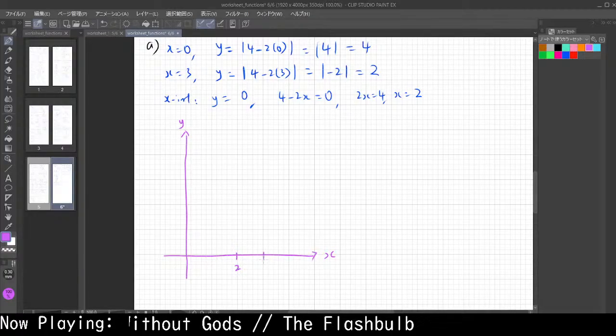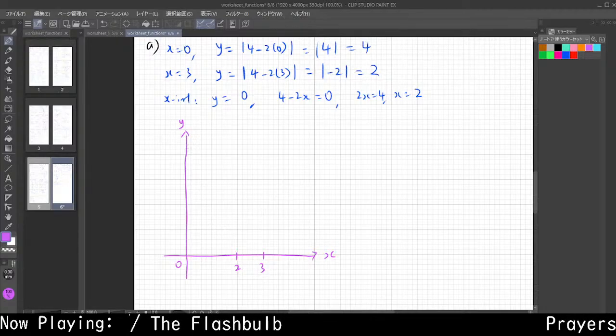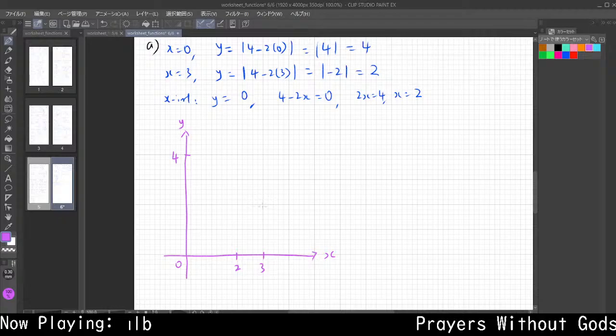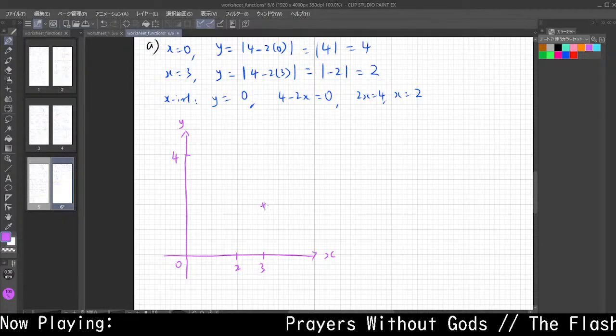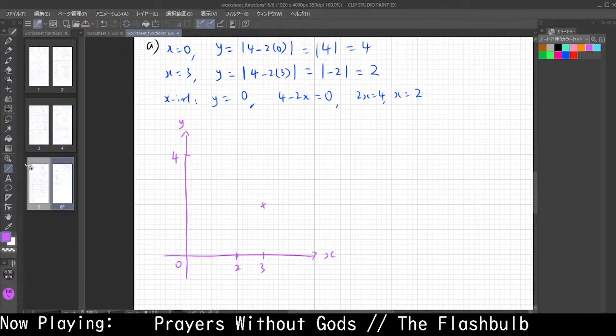X runs from 0 to 3. When x is 0, y is 4. When x is 3, y is 2. When x is 2, y is 0. So again, a line comes off.